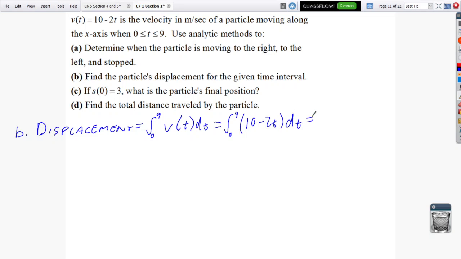We know using the fundamental theorem of calculus part 1, we need to antiderive 10, we get 10t, minus antiderive 2t, we get t squared, and we're going from 0 to 9. Now, fundamental theorem of calculus part 1 tells us, evaluate at the upper.